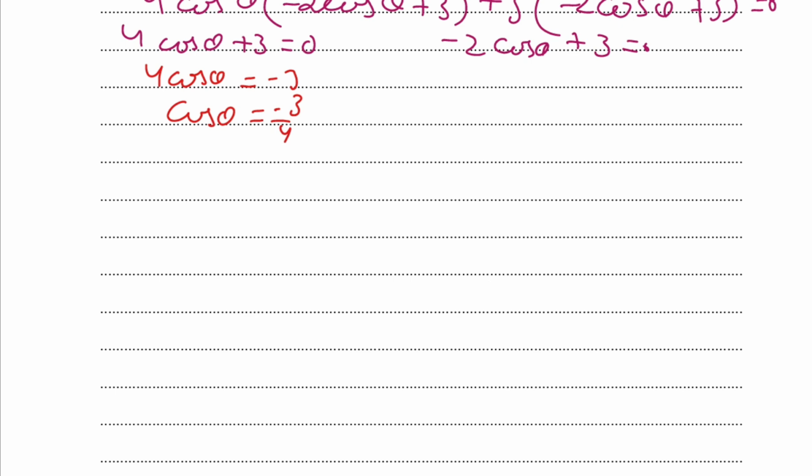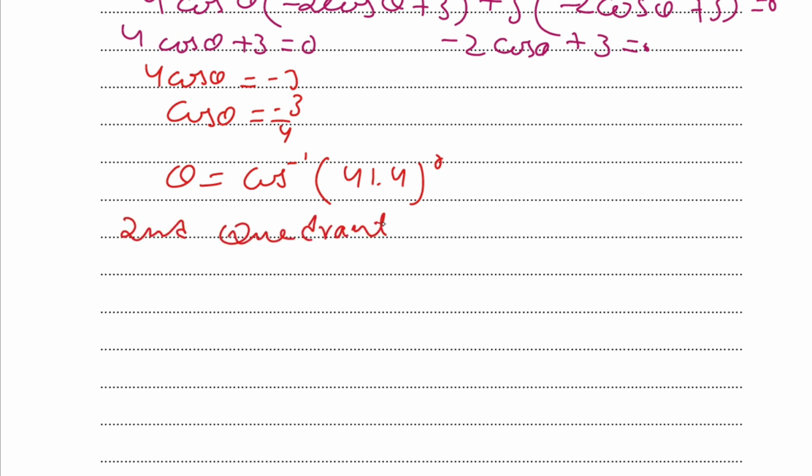The minus is ignored, so we get 41.41, so θ = cos⁻¹(3/4) = 41.41 degrees. In the second quadrant, θ will be equal to 180 minus 41.41, which is 138.59, and 138.6 is enough by rounding to one decimal place.